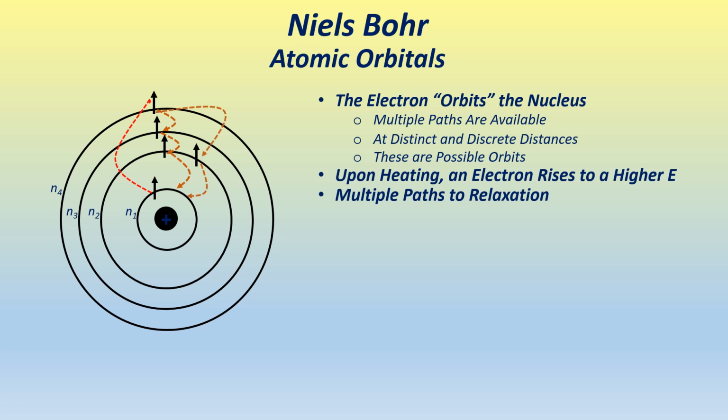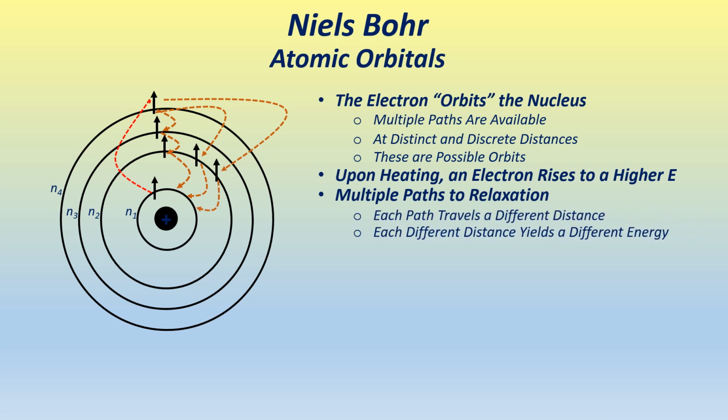It can drop from 4 to 3 to 2 to 1. It can drop from 4 to 2 to 1, or it can drop all the way down from 4 to 1. Each one of these different steps and each one of these different pathways is a different distance from the nucleus and is therefore going to be at a different potential energy and give a different wavelength of light.